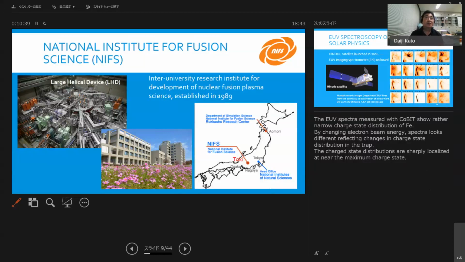This is the charge state distribution of iron in the trap, inferred from the emission line spectra. And you see the charge state distributions are sharply localized near the maximum charge states.